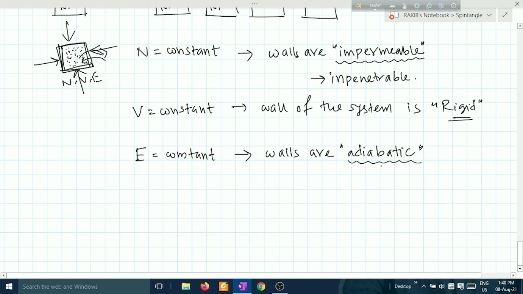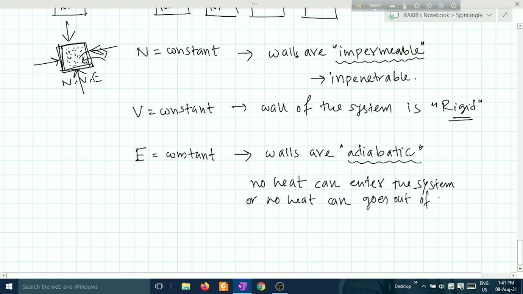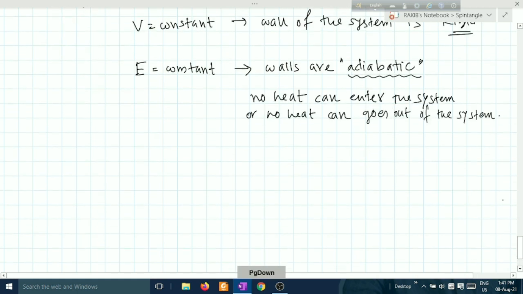Walls are adiabatic. Adiabatic means no heat can enter the system, and no heat can go out of the system. This is called an adiabatic wall.